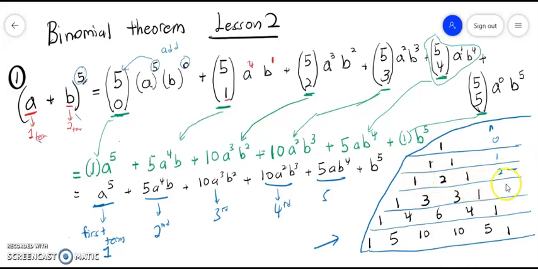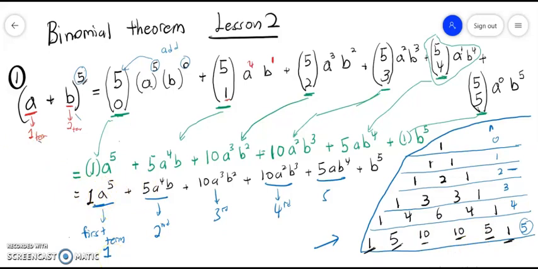And then here we have the power of 3, power of 4, and power of 5. This is the coefficient of an equation with power of 5. Here we have 1, 5, 10, 10, 5, 1. So the same thing we are getting over here.